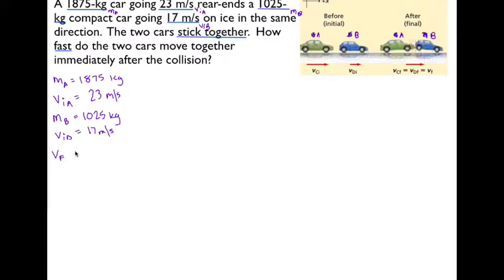And that final velocity is going to be for both cars. So that's what we want right here, our final velocity.